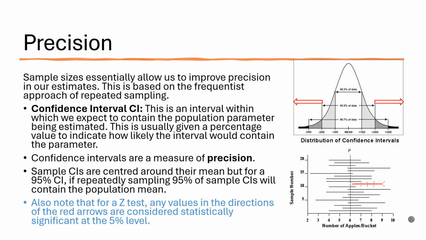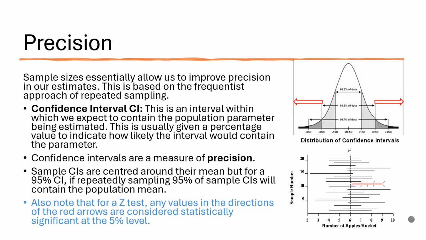So we talk briefly about precision. You would notice earlier I mentioned something like confidence interval. Confidence intervals are a measure of precision, right? So sample sizes essentially allow us to improve precision in our estimates. The larger the sample size, the more precise our estimates, right?